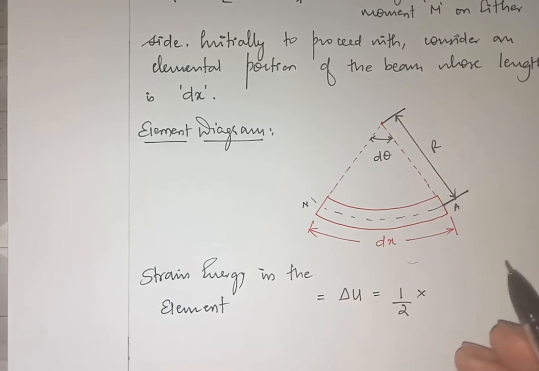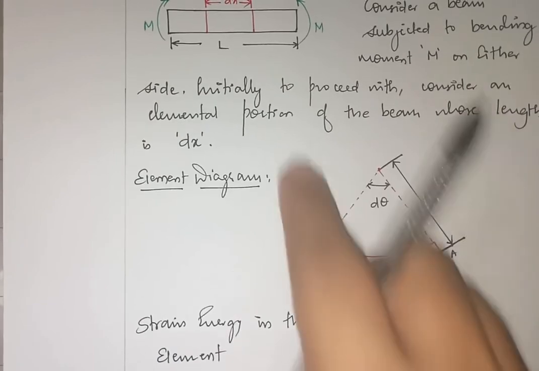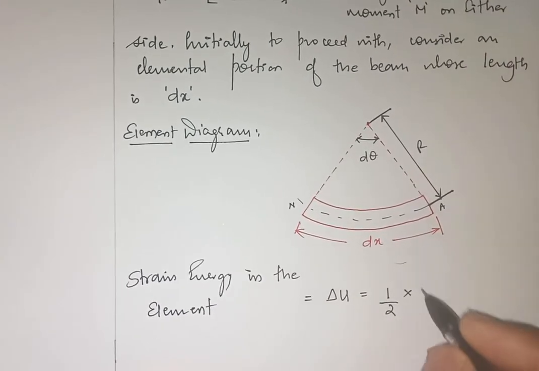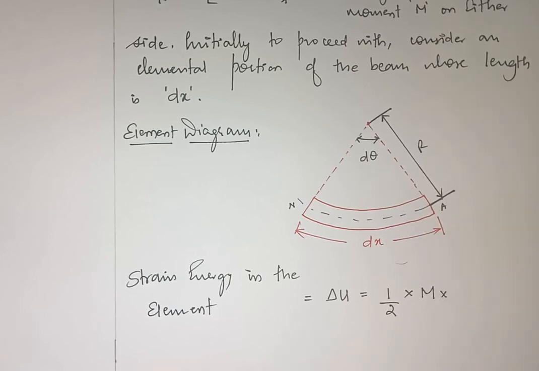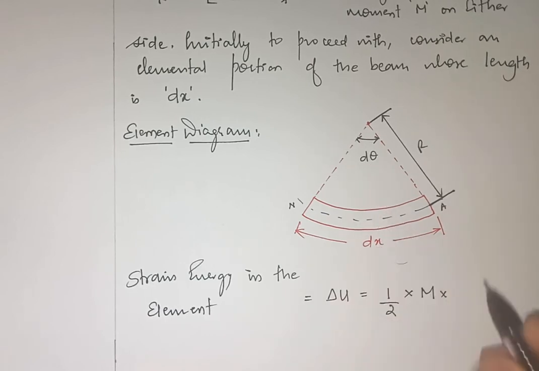In this case it is not the force, it is the bending moment which is causing this to bend. It is subjected to a bending moment of M. So instead of the force F, you write M into the distortion or the deflection it is causing. Here it is angular deflection, so it is d theta.